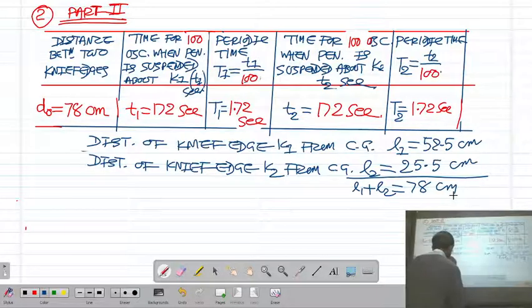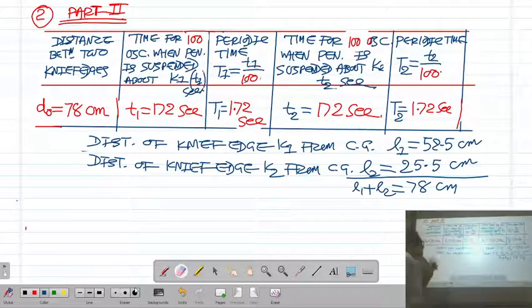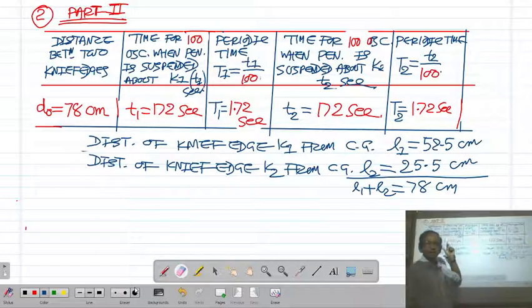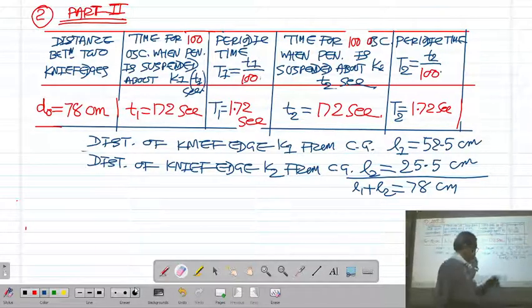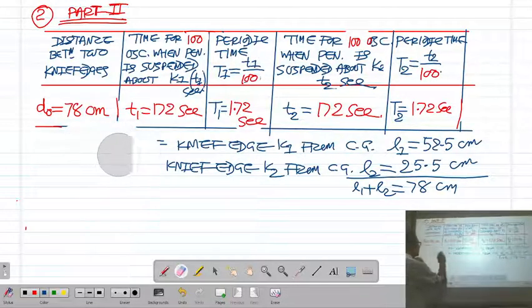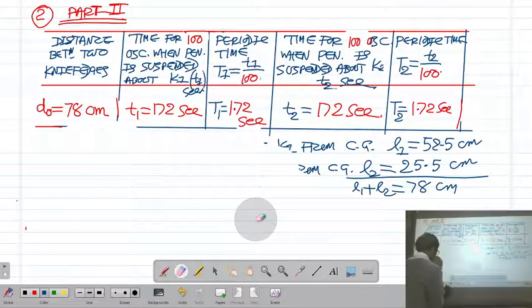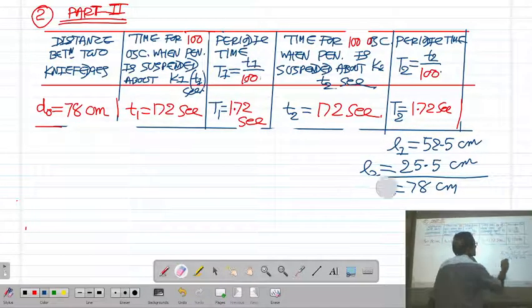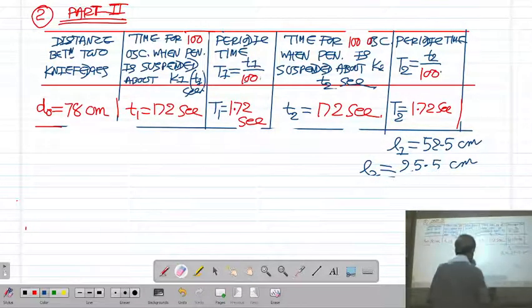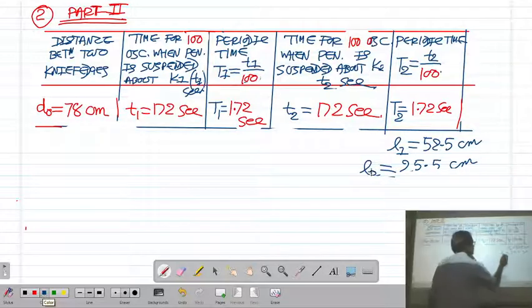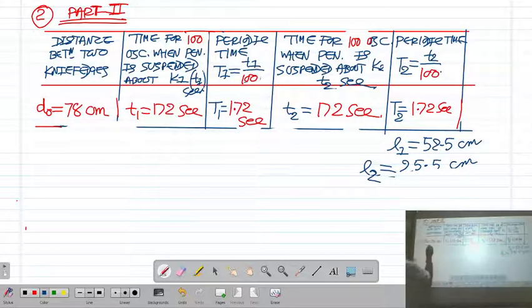Very good. Now, after measuring the distance of knife edge K1 from the center of gravity, L1, and the distance of knife edge K2 from the center of gravity, L2, use Bessel's formula, which you know very well.